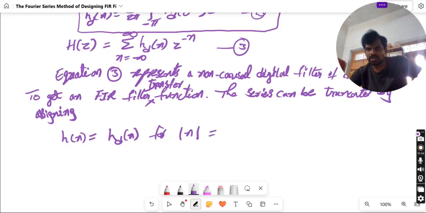This is also represented as magnitude of n less than or equal to (N minus 1) by 2, and h of n is equal to 0 otherwise.